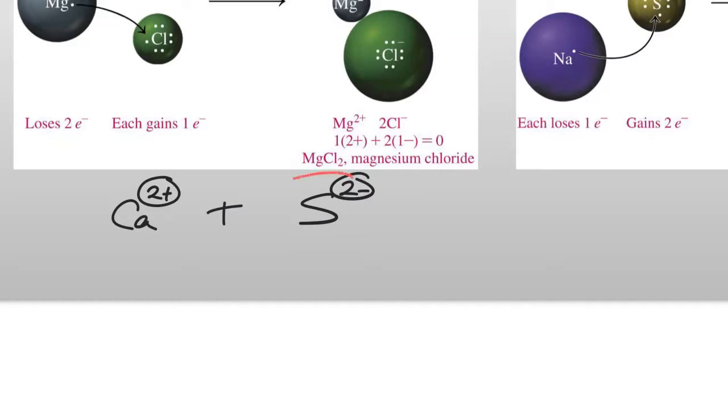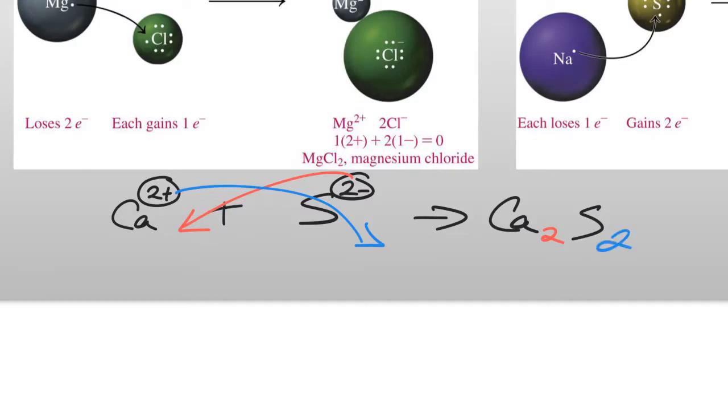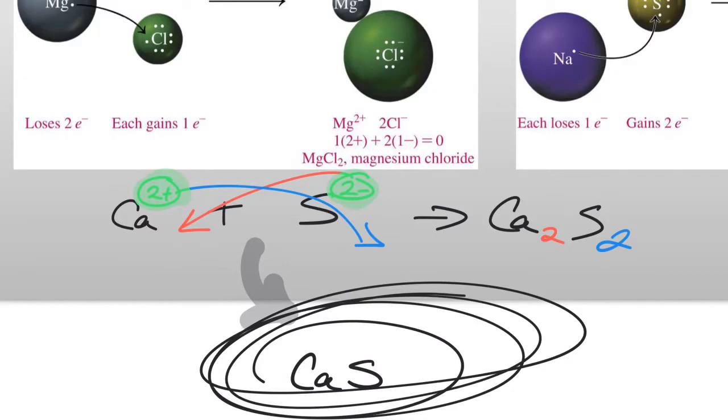If you use the crisscross method, you would get calcium 2 and sulfur 2, but that's not correct, because you can just kind of look at everything as is in the beginning and notice that 2+ is going to cancel out that 2-. So in reality it's just CaS, not that.